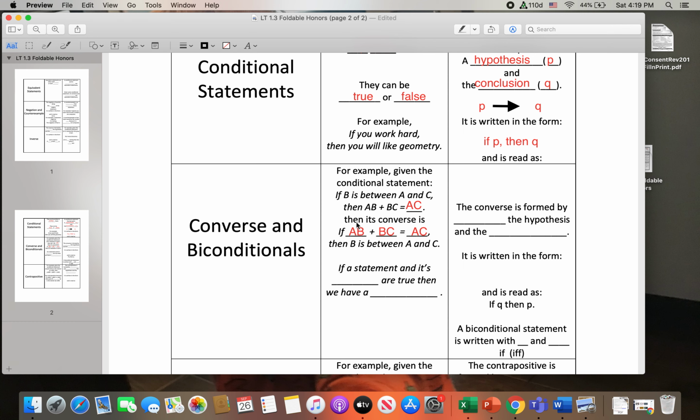And so that was at the end, and now it's at the beginning, and then the beginning is at the end. So the complete converse statement is if AB plus BC equals AC, then B is between A and C.